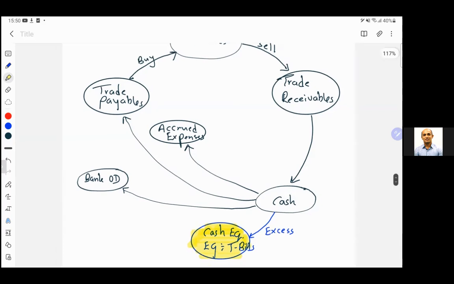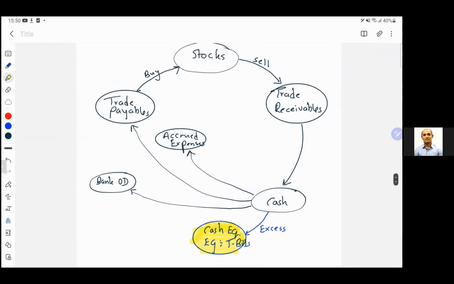Now, for example, let's say these are restricted. Your cash equivalent you cannot realize to pay your day-to-day expenses. Let's say these treasury bills investments you have kept as securities for borrowings. Then whenever you need money, you cannot withdraw this investment, because these are now kept as securities for your borrowings.